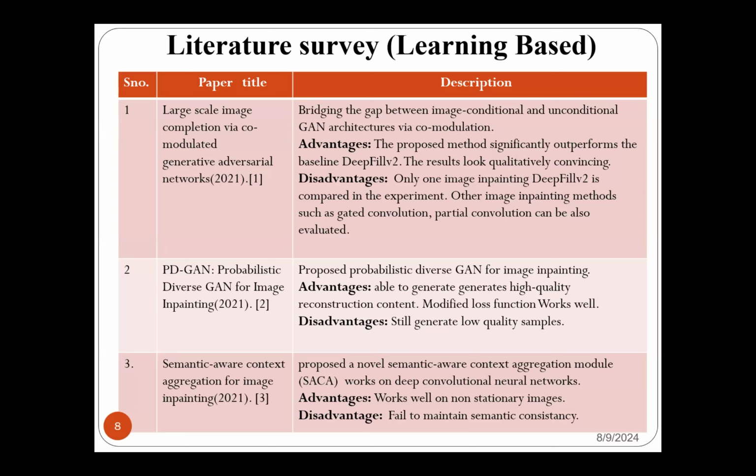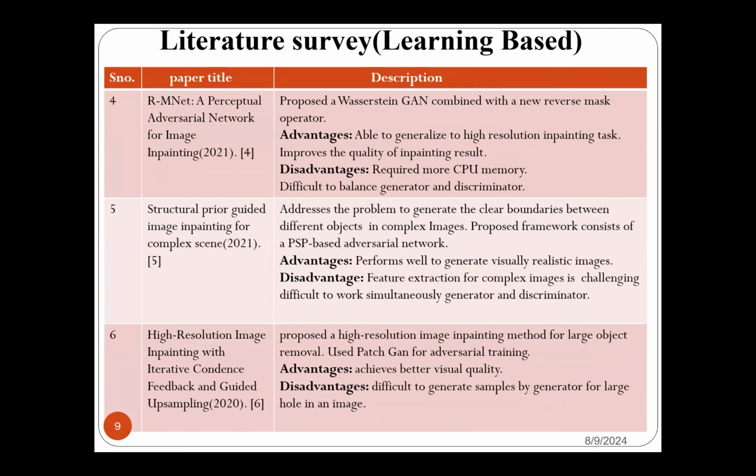The first paper only implemented the dataset they used, but they didn't compare the results properly. Then they used a probabilistic GAN model. Here the advantage is the loss function works well, but they generated low quality samples. So like that, these are the GAN based papers.